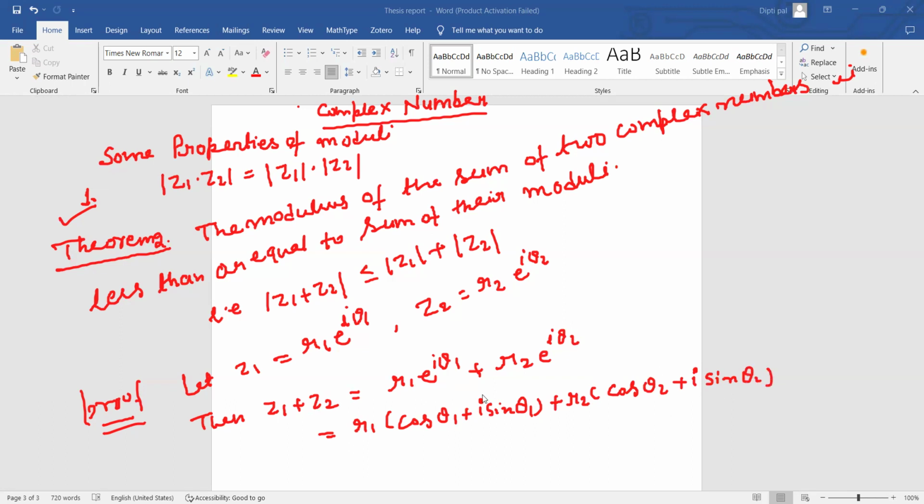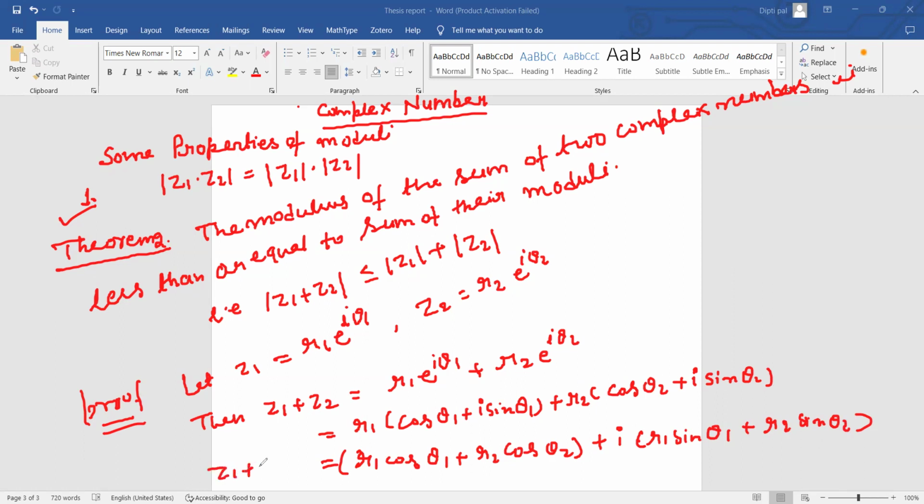Now we can write it like that: R1 cos theta 1 plus R2 cos theta 2 plus iota (R1 sin theta 1 plus R2 sin theta 2). So this is the value of Z1 plus Z2.